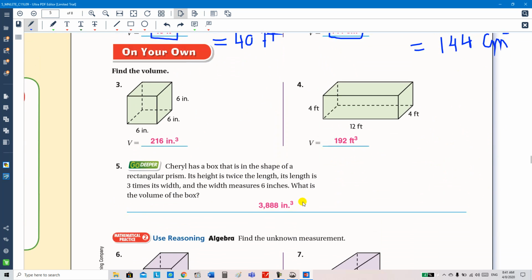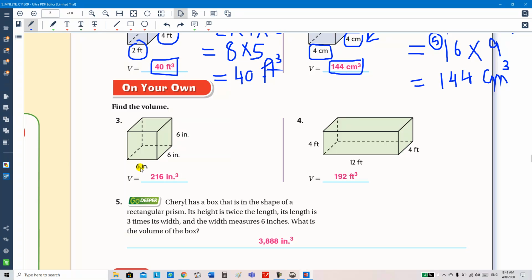Okay, the next one is the same. We have here 6, 6, 6. So multiply them together, but firstly you have to write the formula length times width times height.